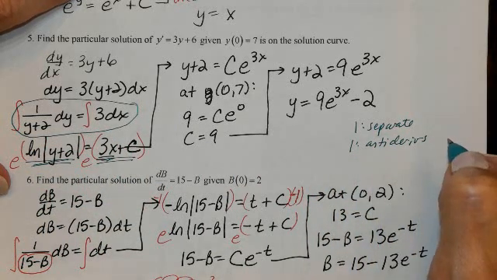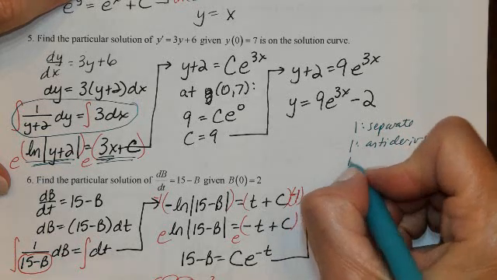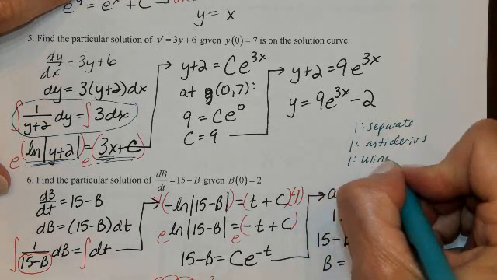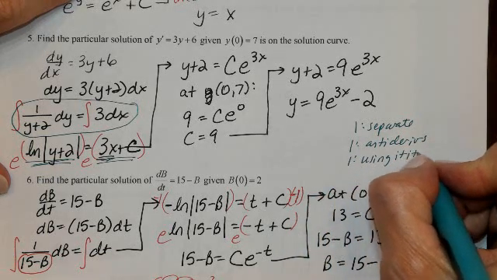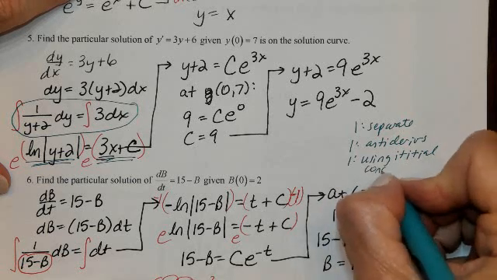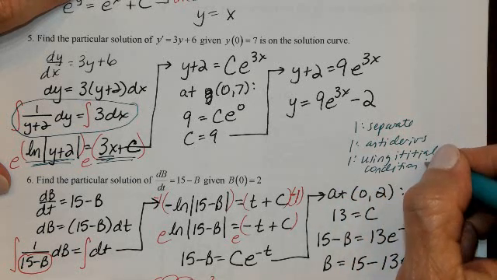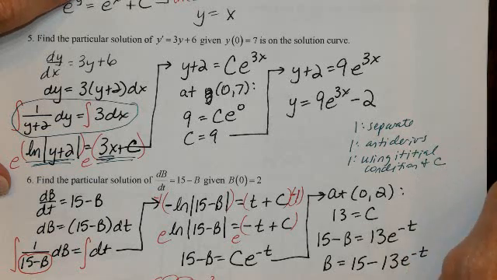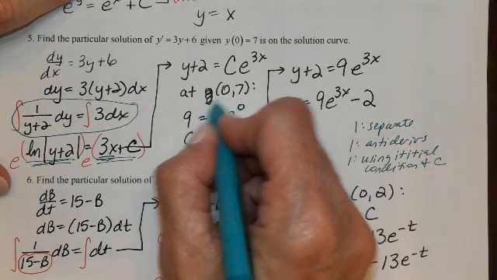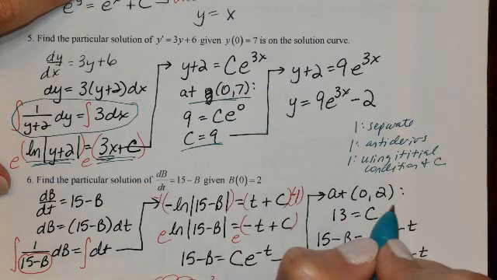Then you get a point for using the initial condition to find C.